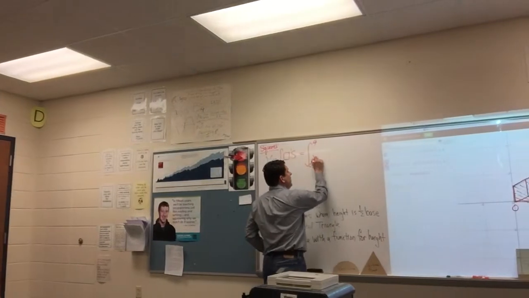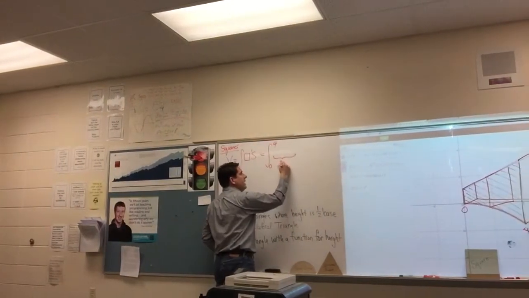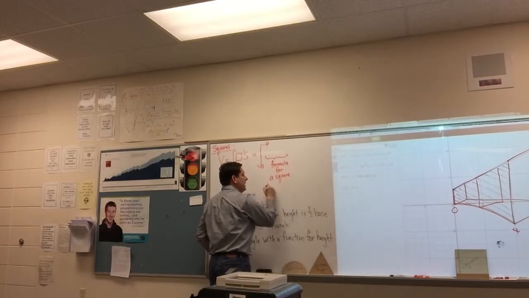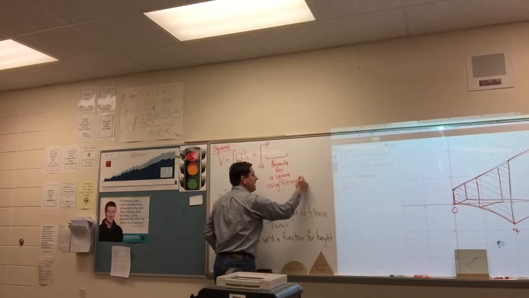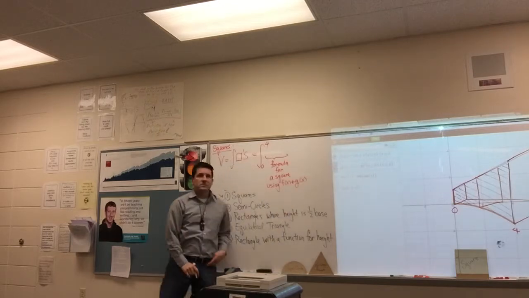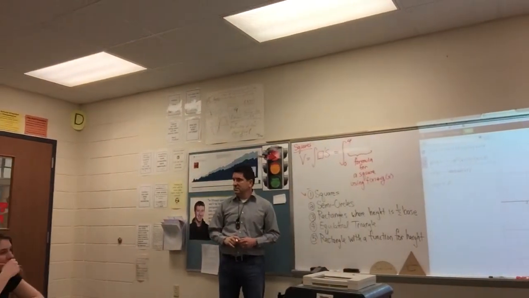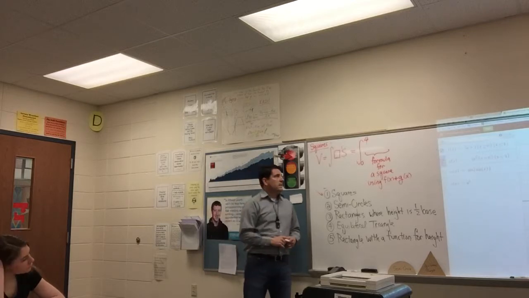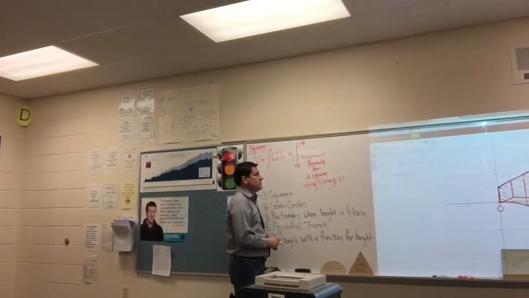Now, right here, though, this is where we have to have the formula for a square. Okay? Using f of x and g of x. This is where that has to go.